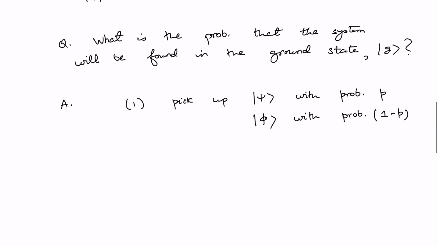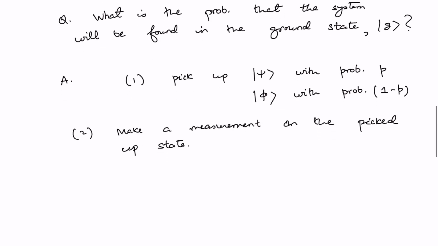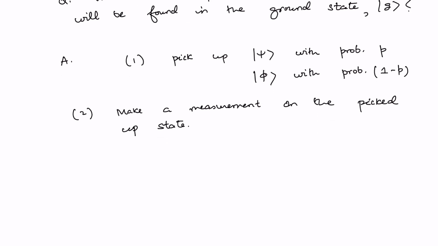And after you pick up these states, you have to make a measurement on the picked up state in the basis ket g and ket e, because this is going to be a quantum measurement now.